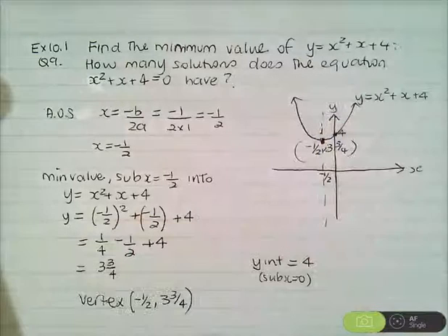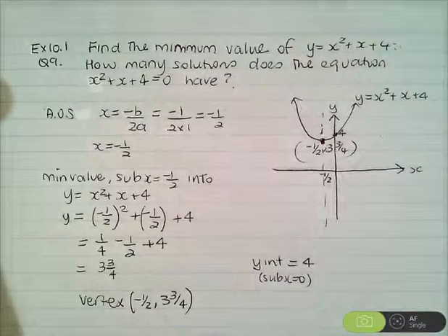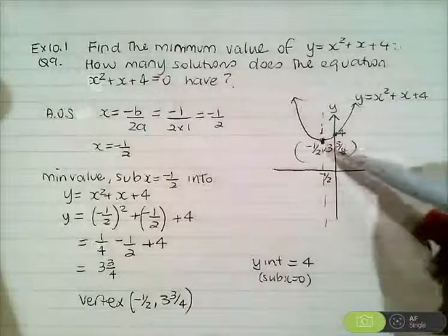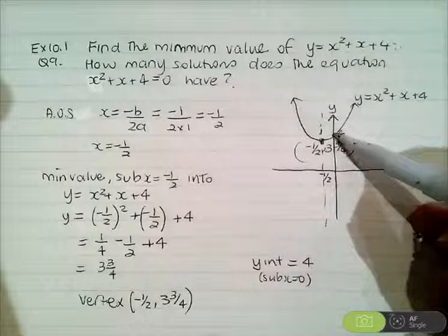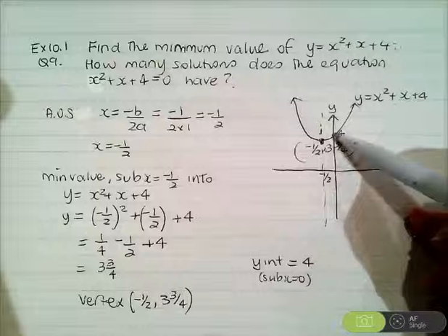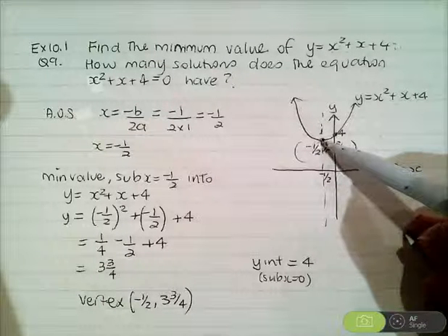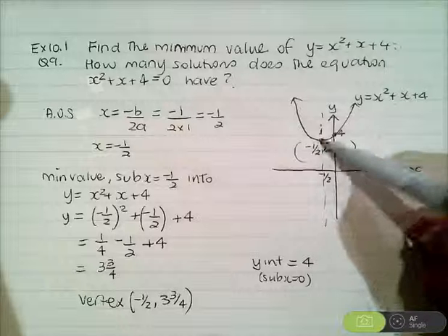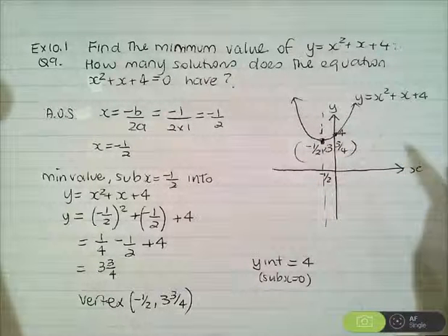So the vertex is negative a half, 3 3/4, and the y-intercept is above the vertex, because the y-intercept has a value of 4, and the minimum value is 3 3/4, so the vertex is below it. So please sketch that accurately.